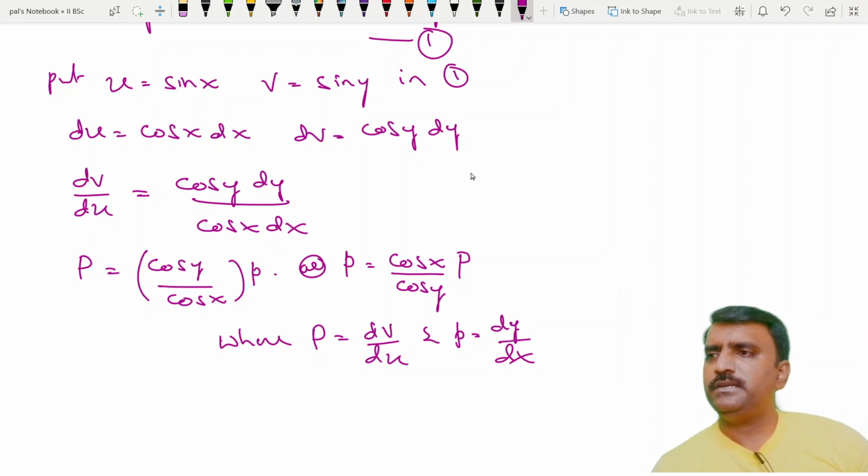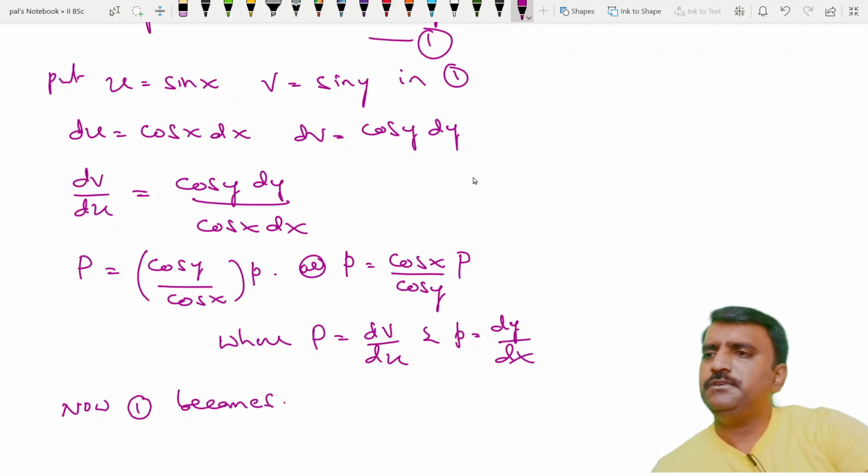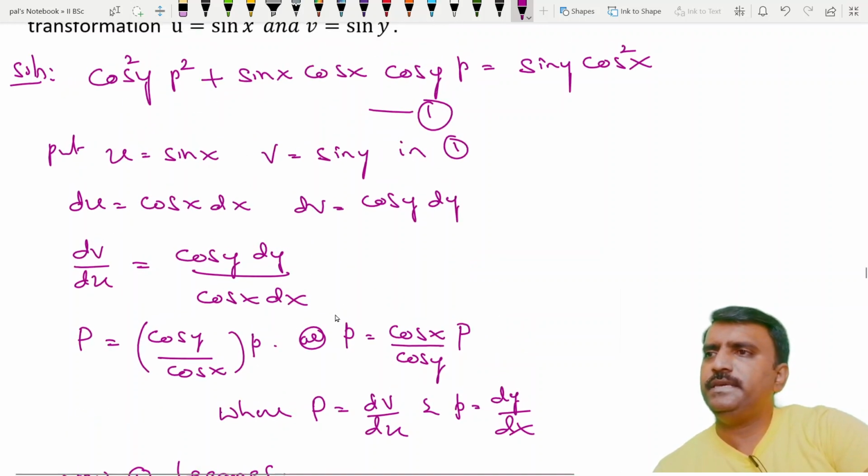So now 1 becomes, what is equation 1? You just substitute for this p, and finally we change to cos and sin forms.